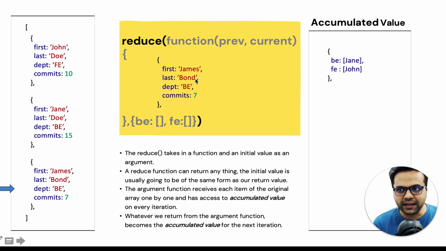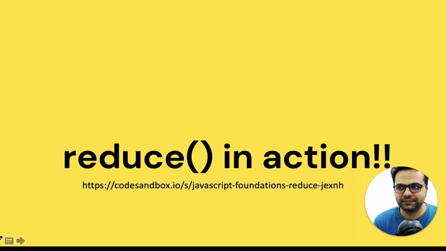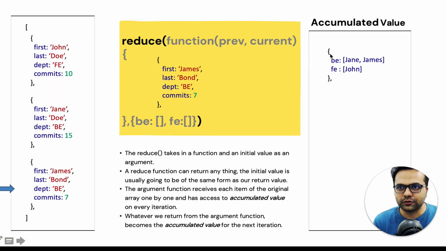We write some logic, and we check that the department is backend. And we insert the James string to the backend property. And finally, we return it. So what we return from the last item of the array becomes our result.